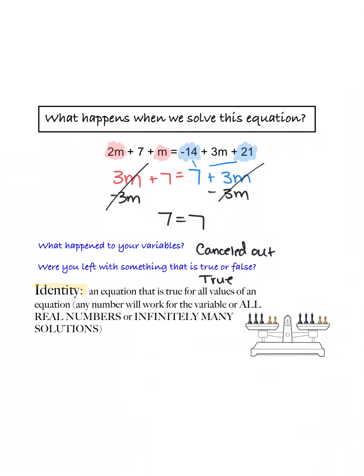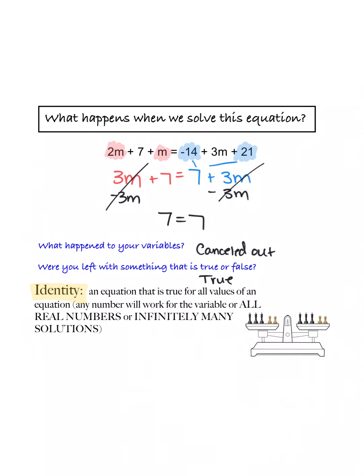So we are left here with an identity problem where our variables canceled. We are not left with any variables. So it's an equation that is true for all values of the variable. So any number will work for the variables. So all real numbers or infinitely many solutions.